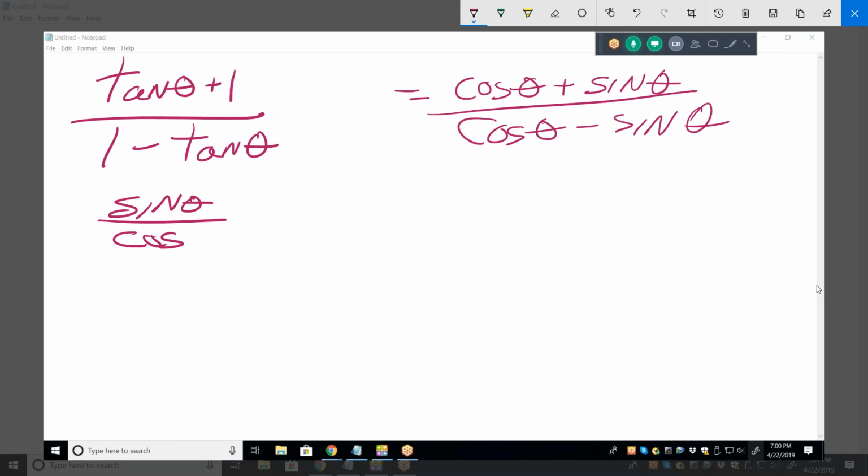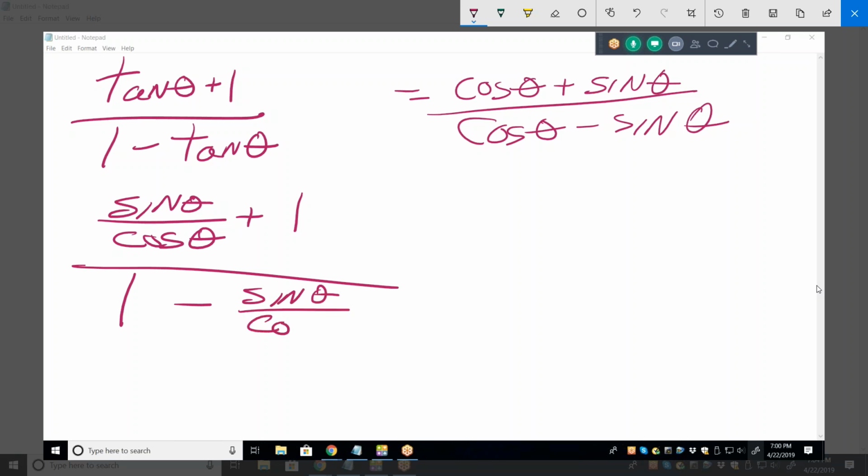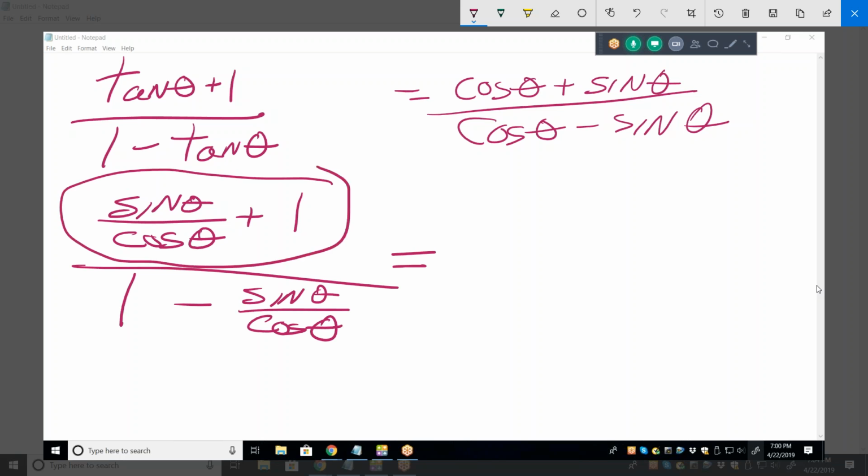That's the first tangent theta. Now, add those two together, what do you get? How do you add two fractions?